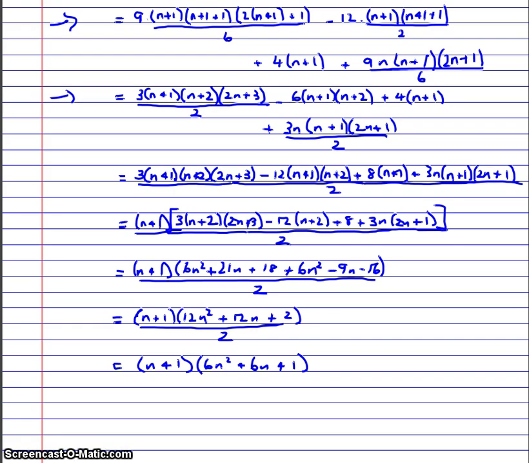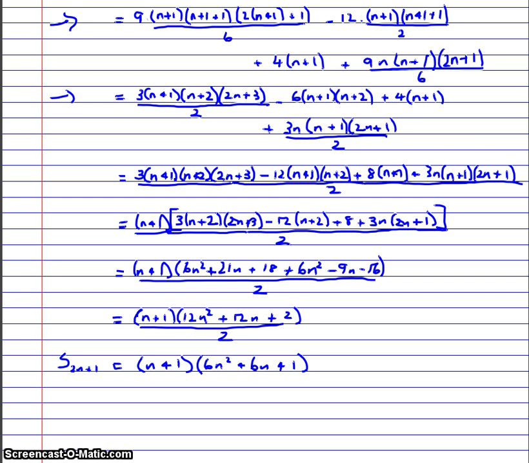Having worked through those few lines, we end up with the result n plus 1 brackets and then another set of brackets 6n squared plus 6n plus 1. So that's our expression for the sum to 2n plus 1 terms. Okay, first part of the question.